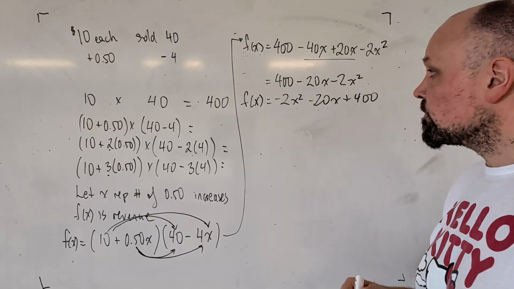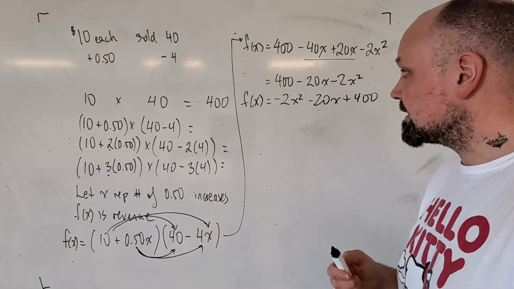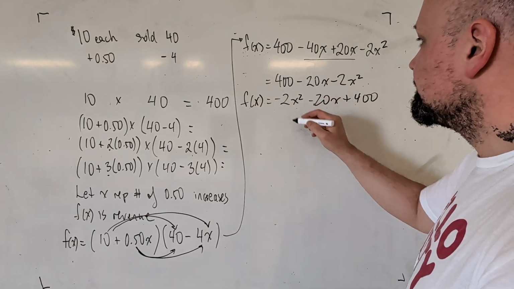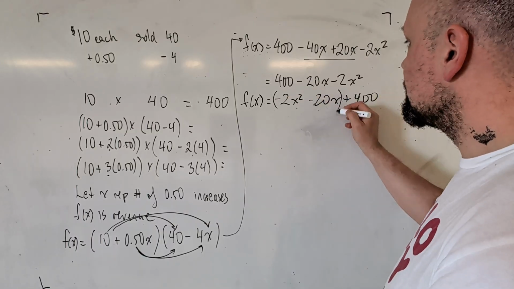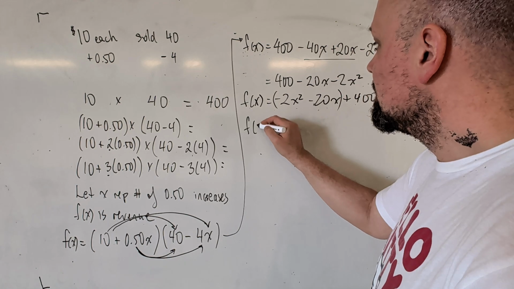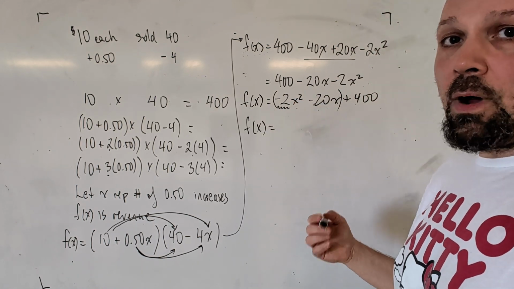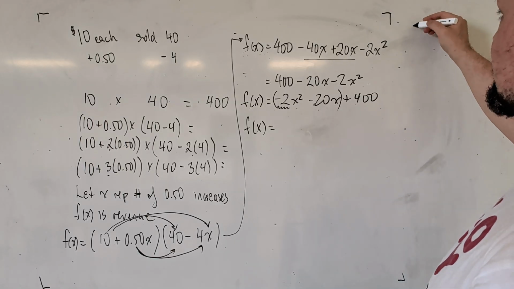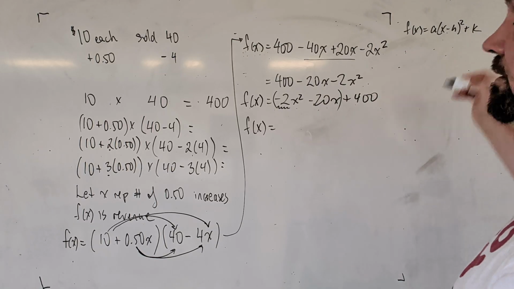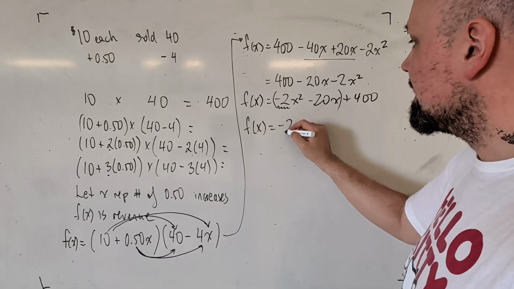All right, and now I have to change this to vertex form so I can see what the vertex is. We know that the process to vertex form is to first group the first two terms together, and then factor out the A value, because I know what I want my form to look like. So I'm going to factor out the A value, that's -2.